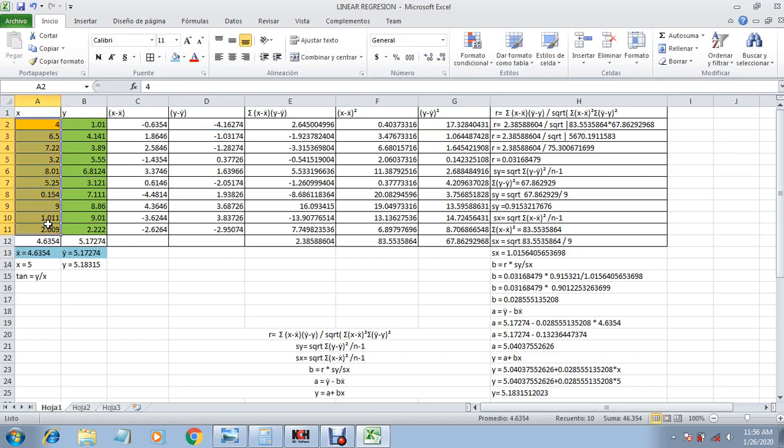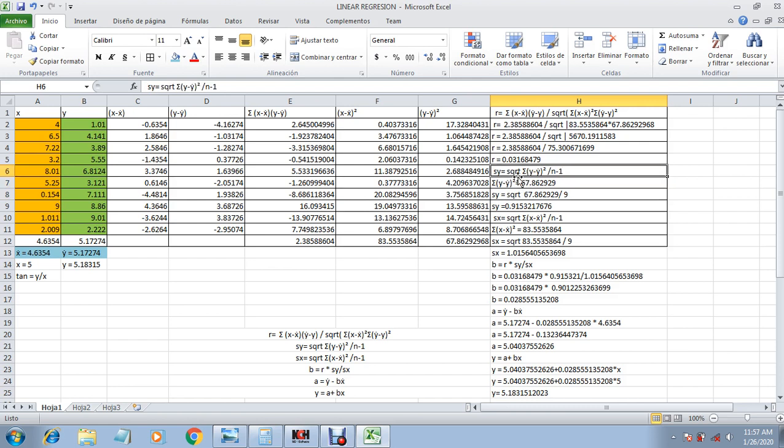We have 10 numbers for x and y, 10 each, so we use the total amount of rows in these columns, that is 10 numbers. Okay, 10 minus 1 is equal to 9.